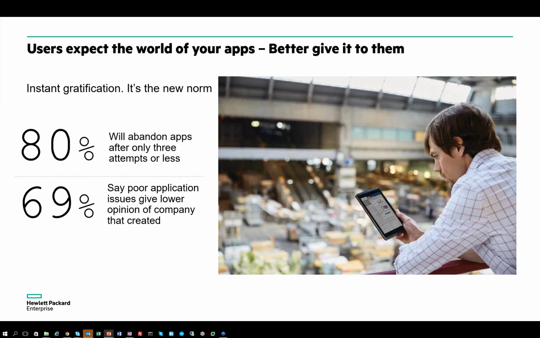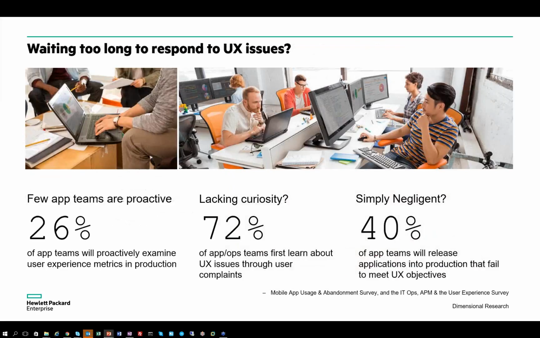So that sort of gives you an idea of the picture of the end user experience in the marketplace and in the industry, and sort of the lack of tools that people experience.